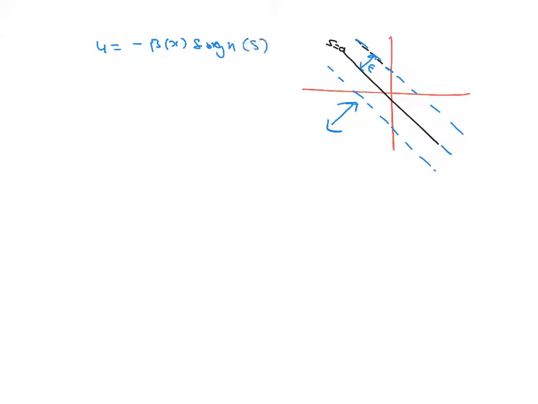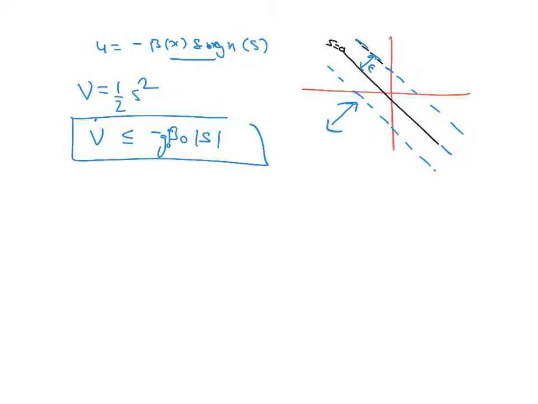And if you remember our V equals half s squared, the V dot when we apply this controller was less than or equal to minus some coefficient g0 beta0 times s. So what does that imply? That you will cross this boundary in finite time. Your trajectory is moving towards s equals 0.